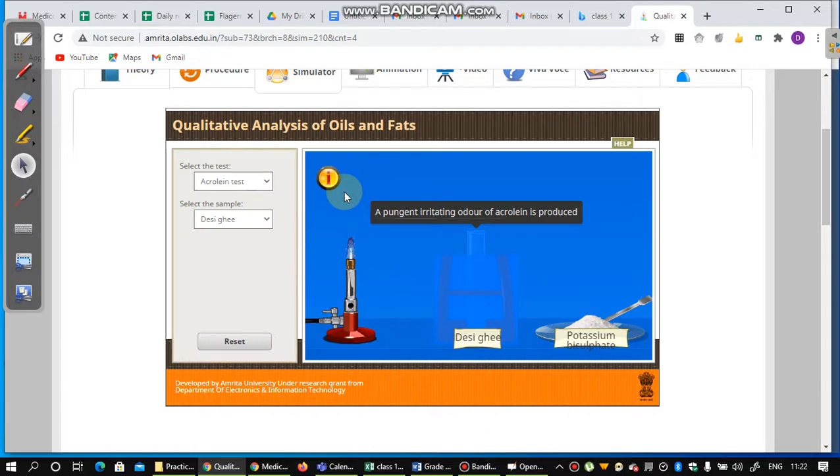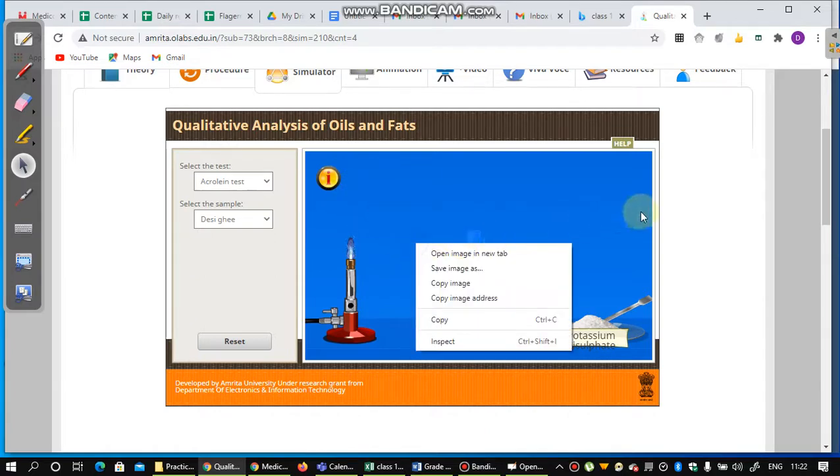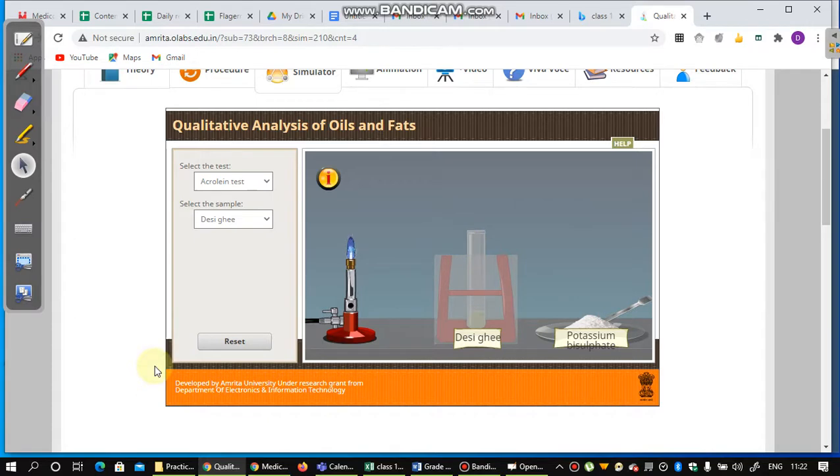A pungent, irritating odor of acrolein is produced, which shows that the given sample is desi ghee.